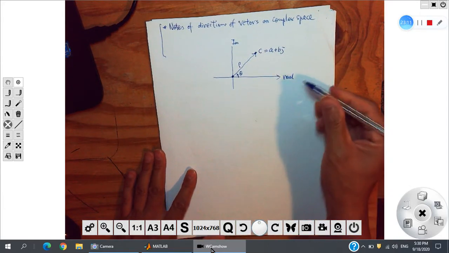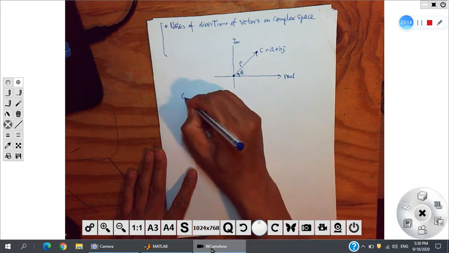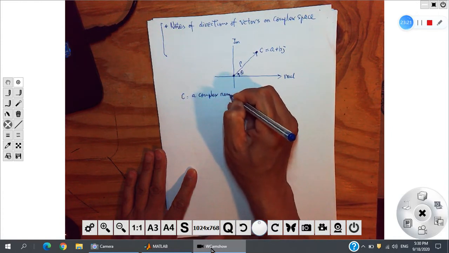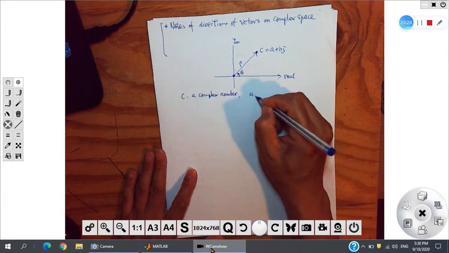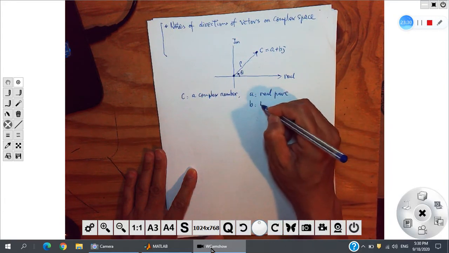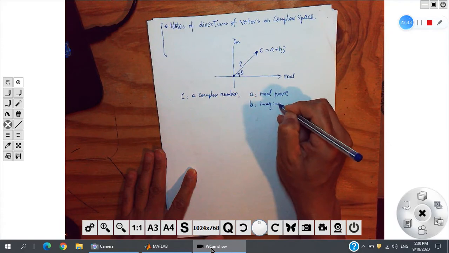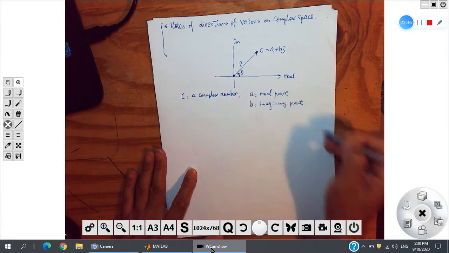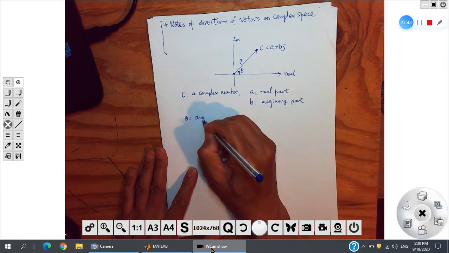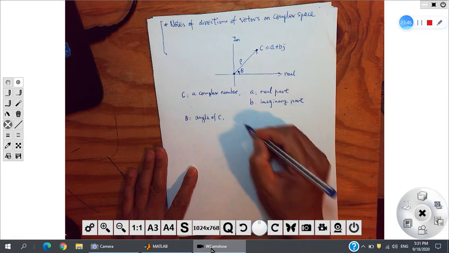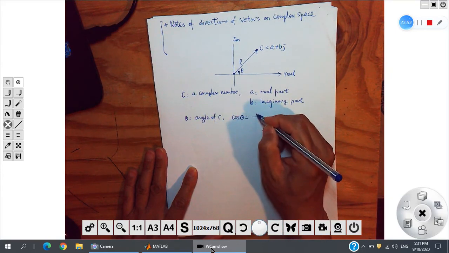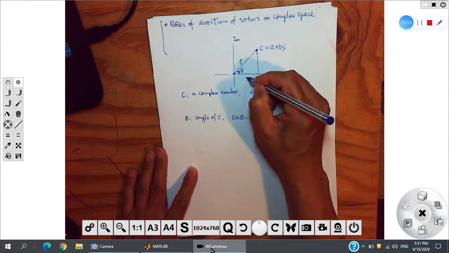Now the relation is like this. C is a complex number, a is the real part of C, and b is the imaginary part of C. And we have the angle of C, and we can have cosine theta equal to a over rho, where a is the real part and b is the imaginary part.